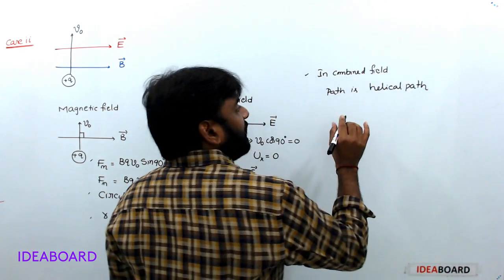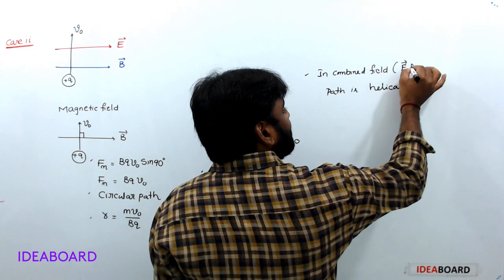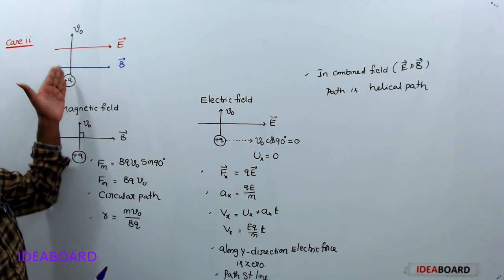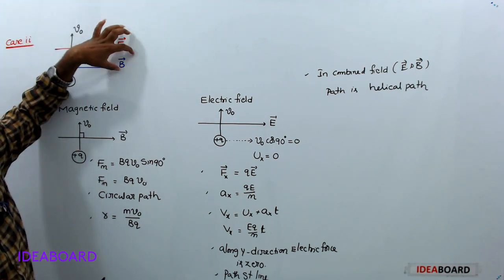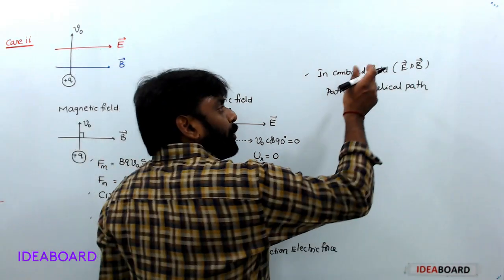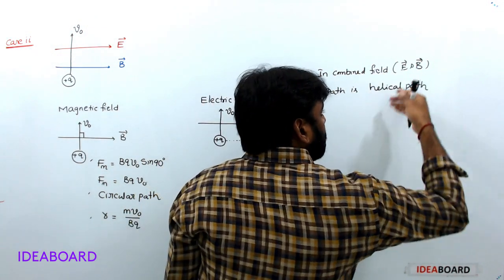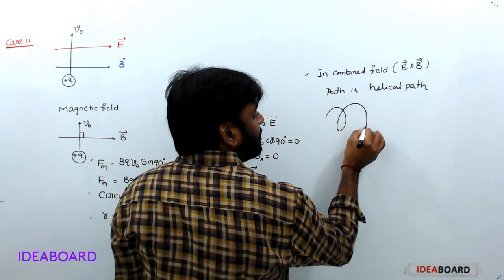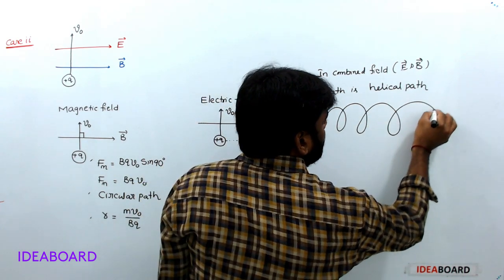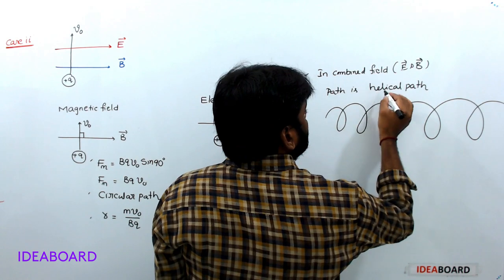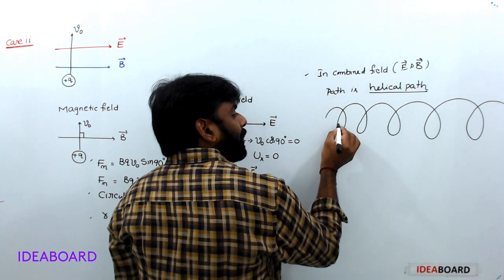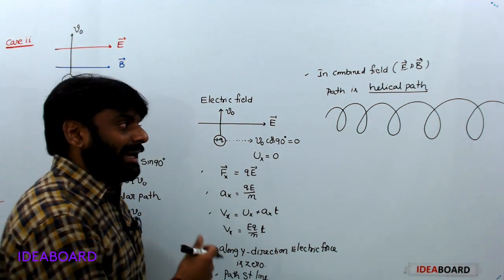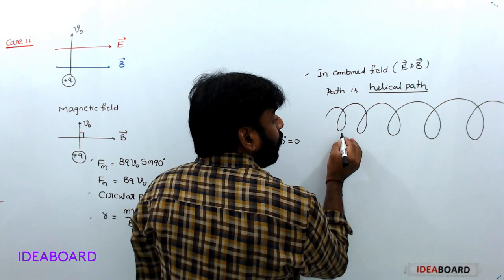In the combined field means electric field and magnetic field both are applied at a time. So the charged particle moves perpendicular to the electric field and magnetic field. Due to the electric field, a straight line, and due to the magnetic field, a circular path, so the combined path is a helical path. What about pitch?